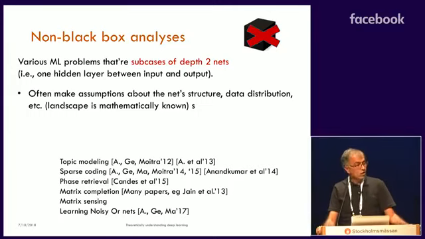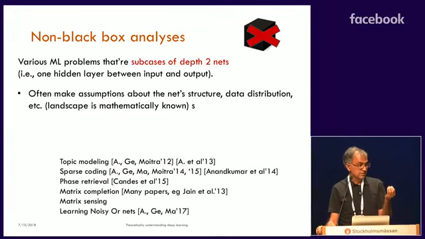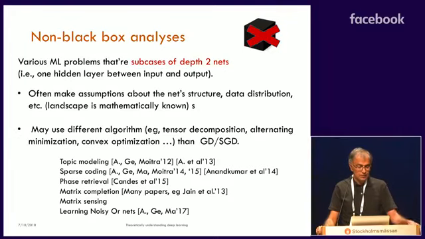And all of these non-black box analyses have to make assumptions about the net structure, data distribution, etc., so that the landscape is mathematically understood. Because if the landscape is not known, there's no hope for a non-black box analysis, as I indicated. And often they don't even use gradient descent.